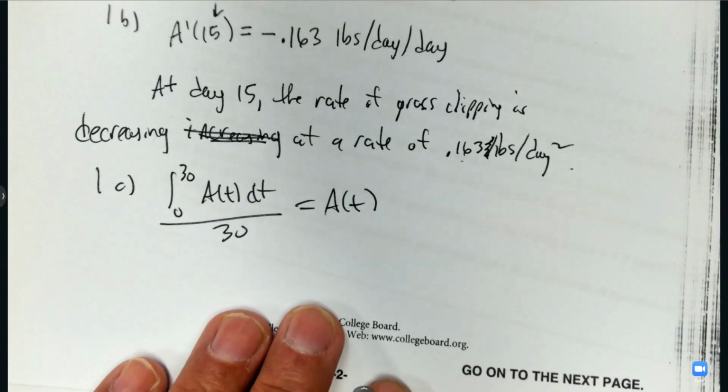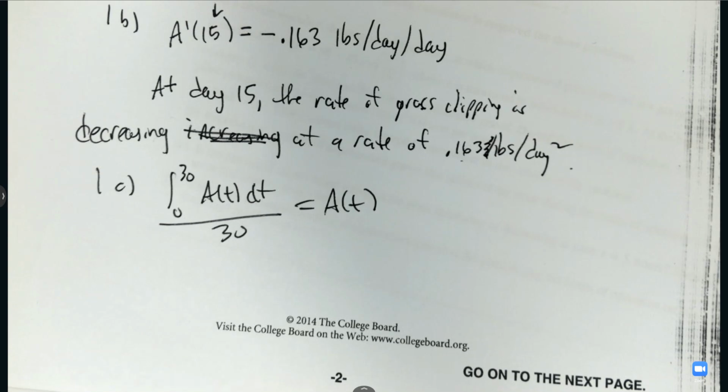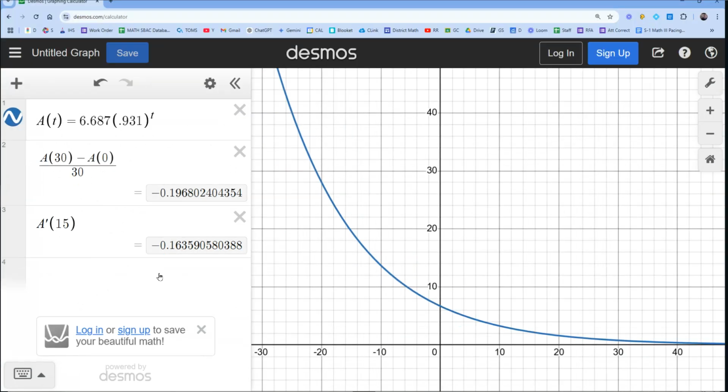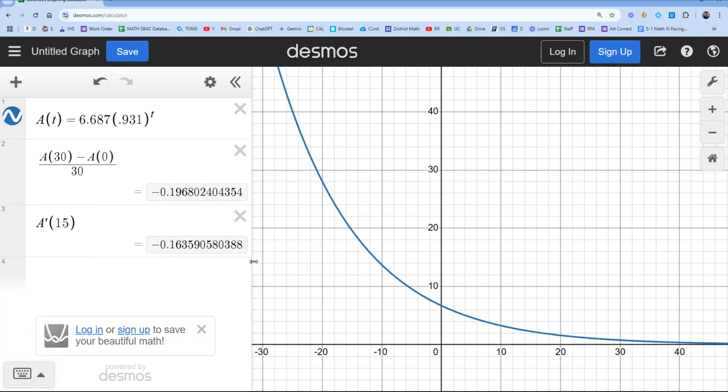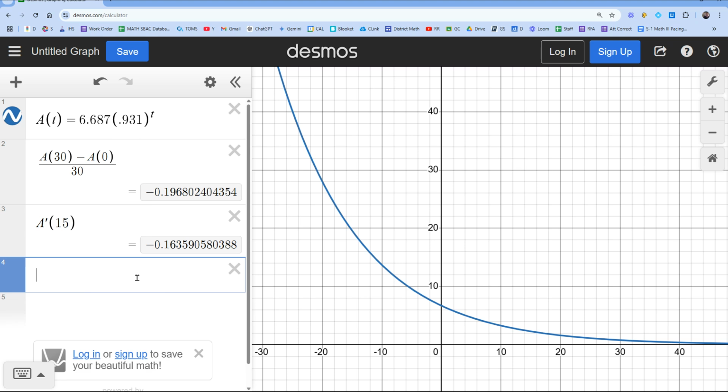All right, let's type that in. Now, we already have the average here, so I'm going to go y equals that number, negative 0.1968.